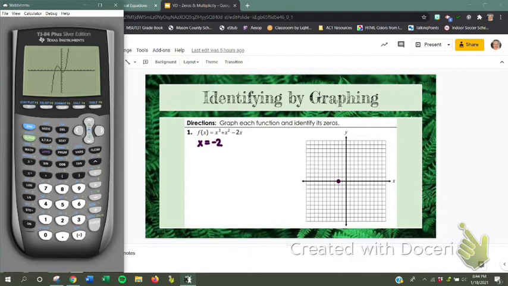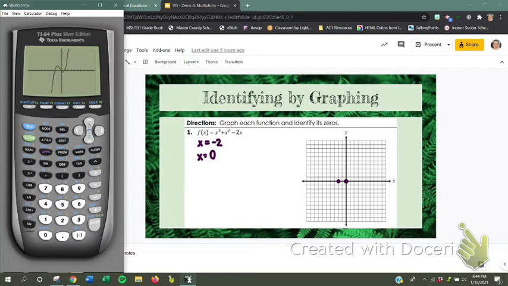Then another zero seems to be at the origin, which is 0, 0. So we want to say that another zero is x equals 0, and that's going to give us a point right here.